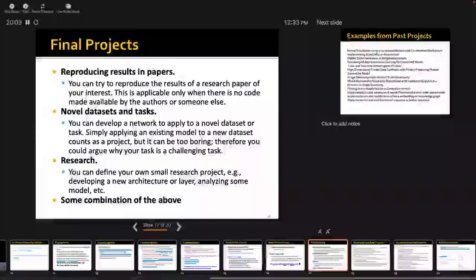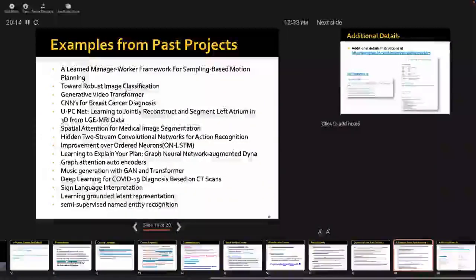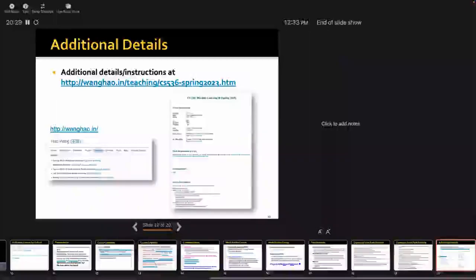These are some examples of past projects, just so that you can take a look at what kind of projects. You can see that they cover different kinds of applications and use different kinds of model architectures, right? These slides will be uploaded to Canvas, so you can all take a look and check. And if you want additional details and instructions, please go to our course website.